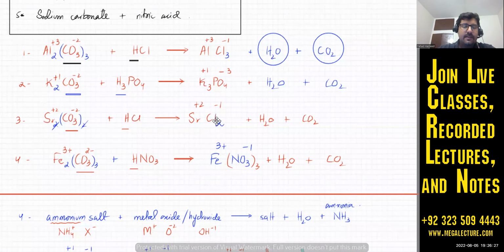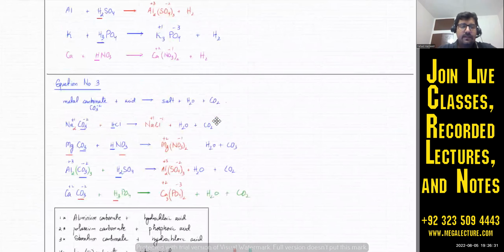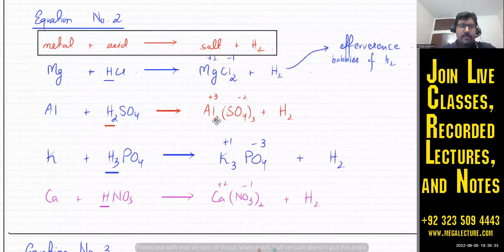That's your salt. The previous reactions were also similar: metal plus acid produces salt plus H2. So the H changes to H2, whatever is left, that's your salt. Aluminium, the H changes to H2, and Al and SO4 are left.